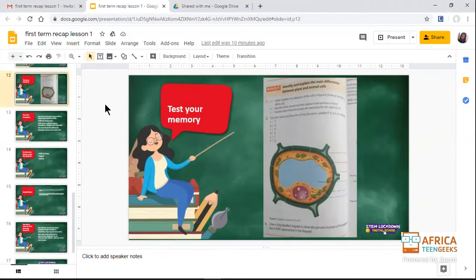And to test your memory, this is your homework. I hope you guys can see that. Are you guys able to see that?